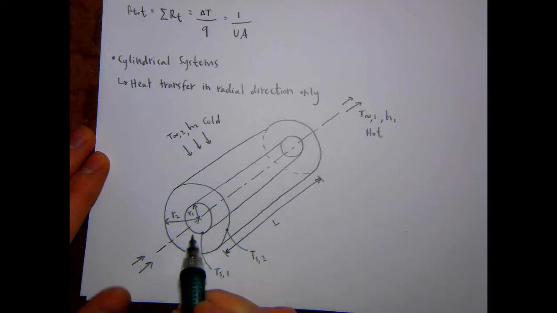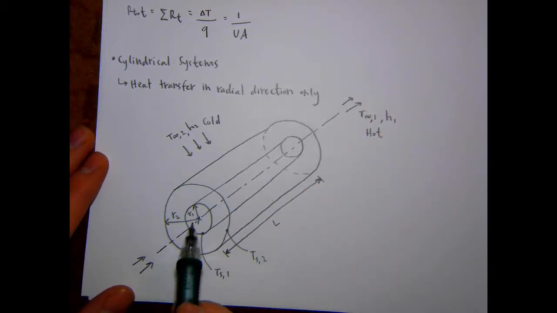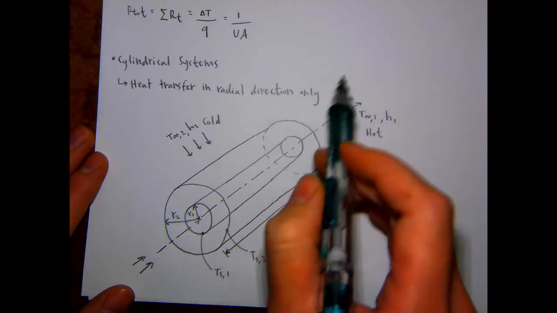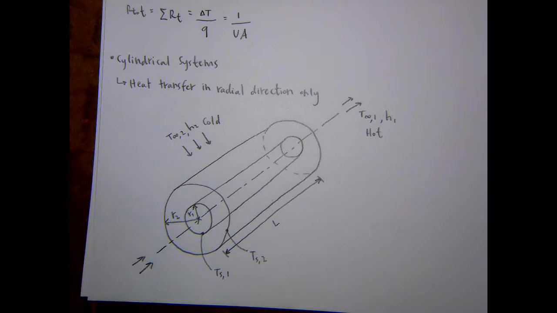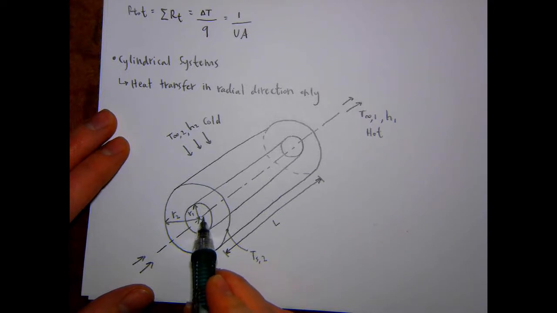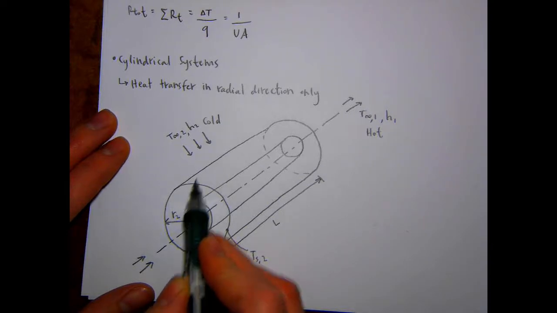So the idea here is you have some hot fluid moving through. Even though you have the fluid in the middle and the fluid over the top of the cylinder moving in opposite directions, conduction is still occurring in the same direction within the cylinder. So heat is flowing from the hot fluid to the surface of the cylinder and out radially, and then out into the ambient air.